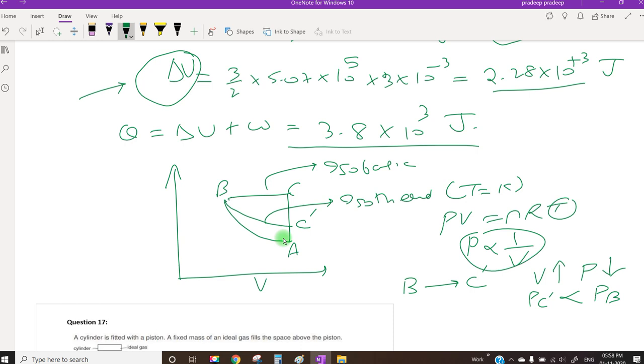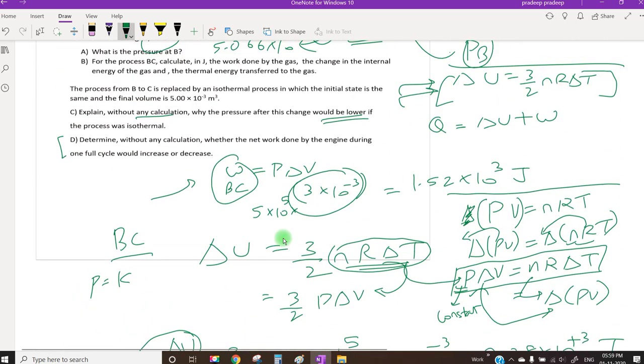Now continuing with this, since the work done is the area of the shaded region, the new area is this. And since the new area is lesser than the original area, we say that the work done would decrease. The question was to determine without any calculation whether the net work is increasing or decreasing.